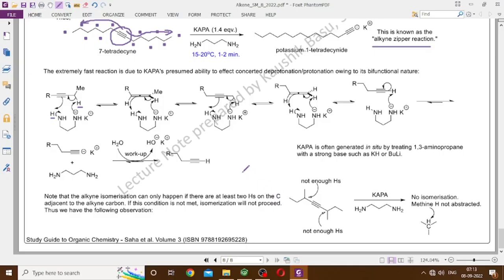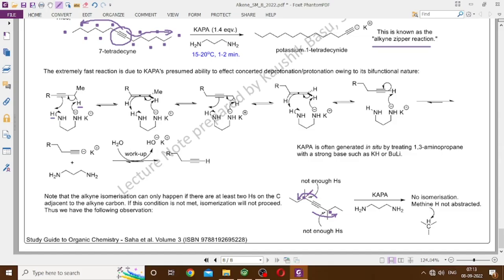The only point that remains to be discussed is that for something like this, for alkynes, you need to have a couple of hydrogens here, so that the zipper can move in this direction, or at least a couple of hydrogens here, so that this one can move in this direction. Because isomerization will not take place here, because you have methynes here.